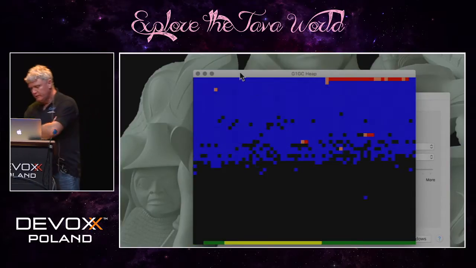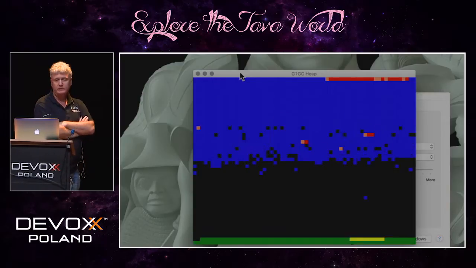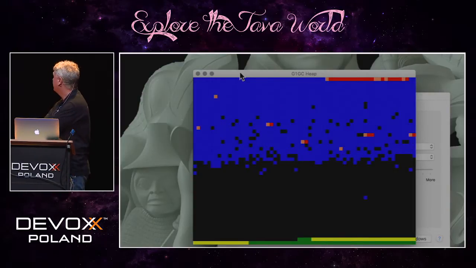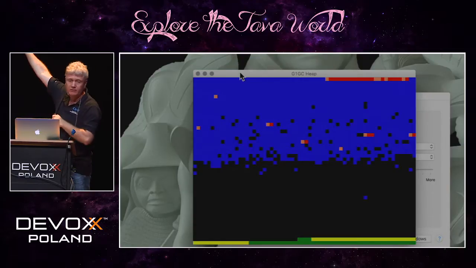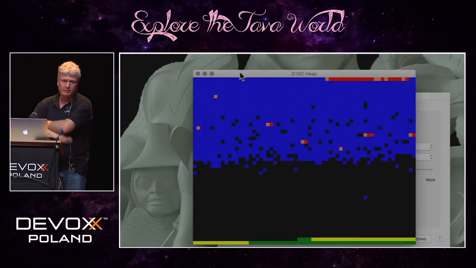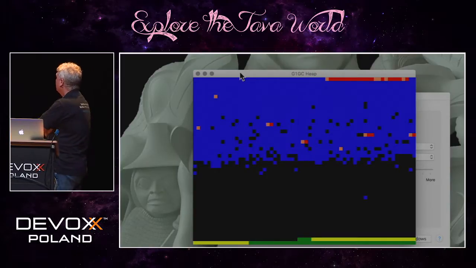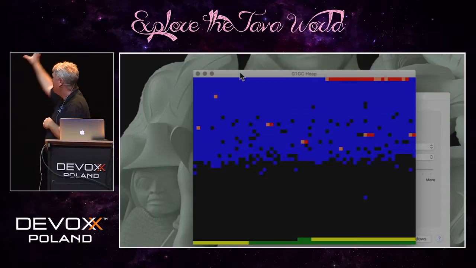For me, when I started looking at this visualization, it was a bit surprising, because, one, they segregated out the young generational regions from the tenured space regions, so the young ones tend to come from the bottom of the list, where the tenured regions come from the top of the list.